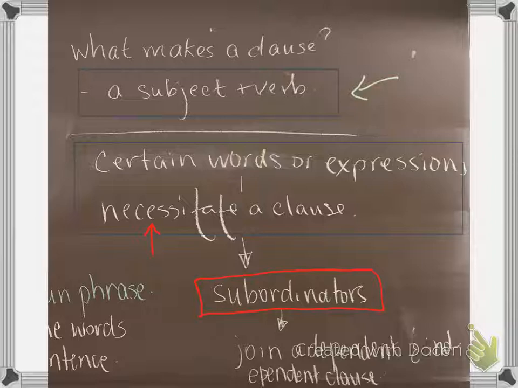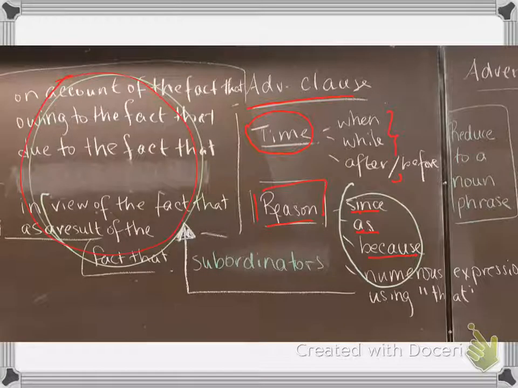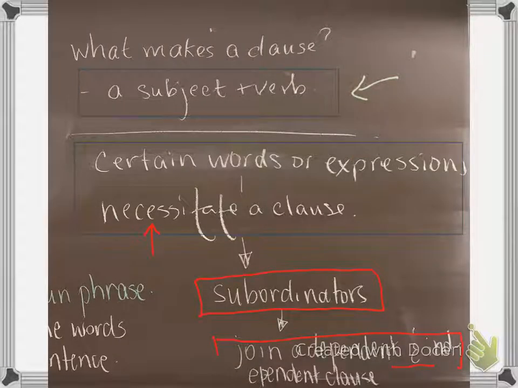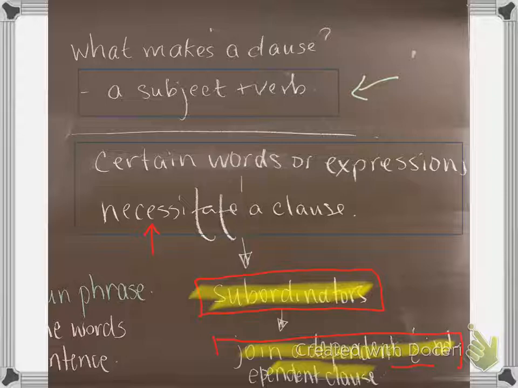And the job of a subordinator is to join a dependent and independent clause. Okay. So when we look at the words since, as, because, and the expressions with that, their meaning function is that they express reason, okay, why something happens. Their function is as subordinators, okay, and subordinators do this. Okay.